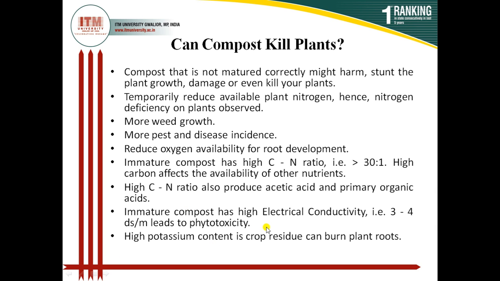Immature compost has high electrical conductivity, that is 3 or 4 deciSiemens per meter, and it leads to phytotoxicity of salts to the plant. High potassium content in crop residue can burn plant roots.